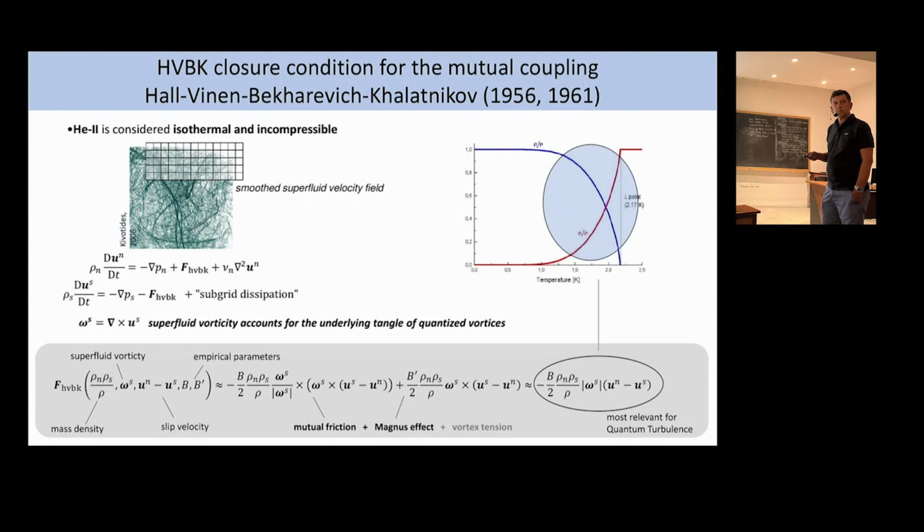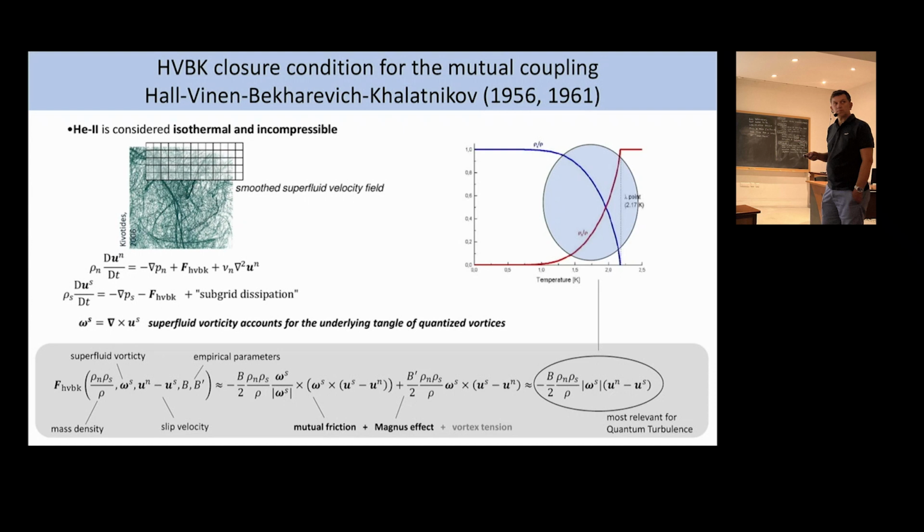We consider that this superfluid vorticity accounts for the underlying tangle of quantized vortices. In terms of equations, we recognize the Navier-Stokes equation for the normal fluid component with this coupling force here. And for the superfluid component, we get the Euler equation with the opposite of this coupling force and a term for subgrid dissipation.